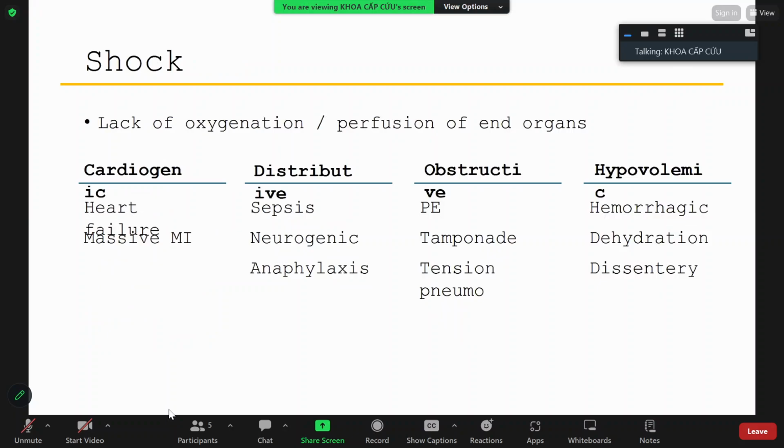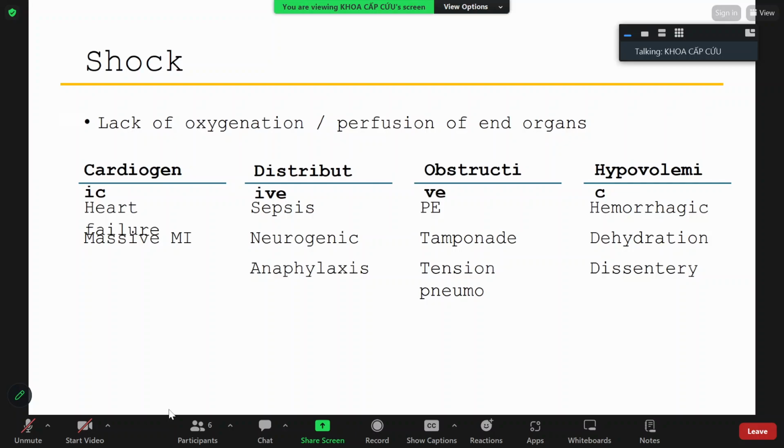So the different buckets of shock that we typically think about is cardiogenic shock. So when the pump is not working, when the heart's not really working the way that it should be, that can be due to heart failure or a massive heart attack leading to wall motion abnormalities and really leading the patient to not have the ejection fraction that you would expect or that can perfuse the rest of their body.